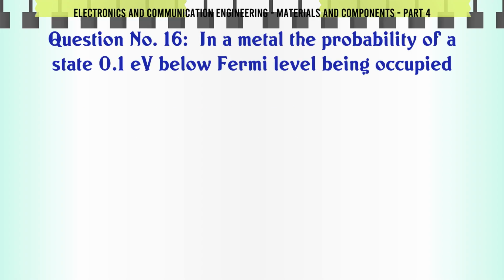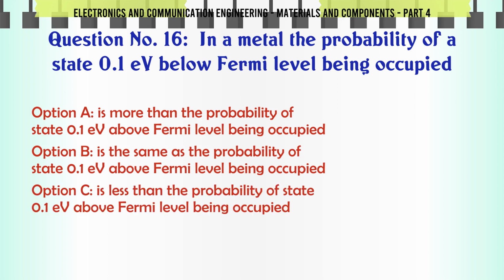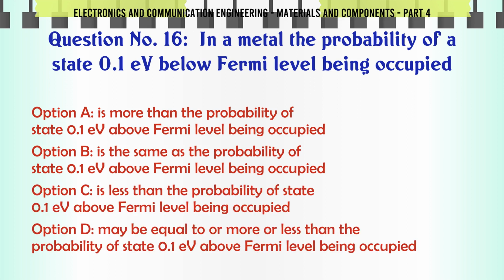In a metal, the probability of a state 0.1 eV below the Fermi level being occupied A. is more than the probability of a state 0.1 eV above the Fermi level being occupied. B. is the same as that probability.